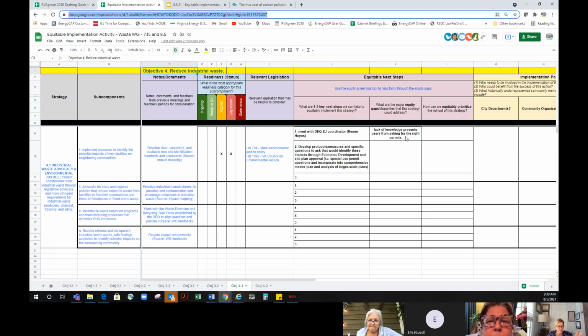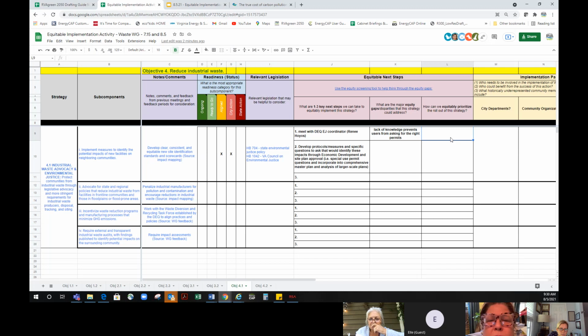Is that because they're the ones getting the permits? Well, it shouldn't be them asking for the permits. It should be them being told what the permits are. Oh, okay, so staff training, that's great. But still, knowledge and awareness is lacking.